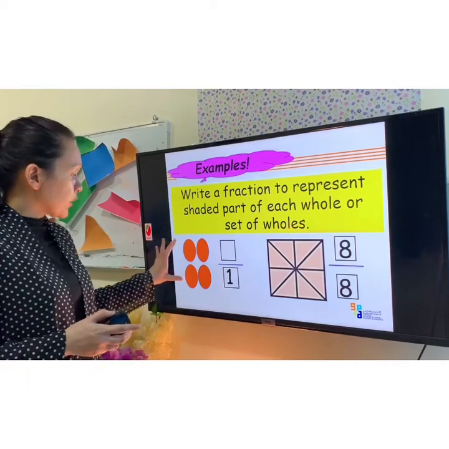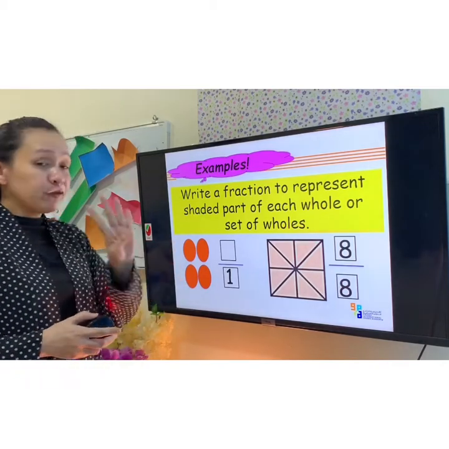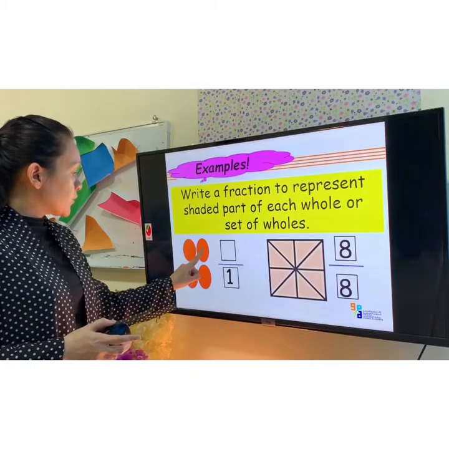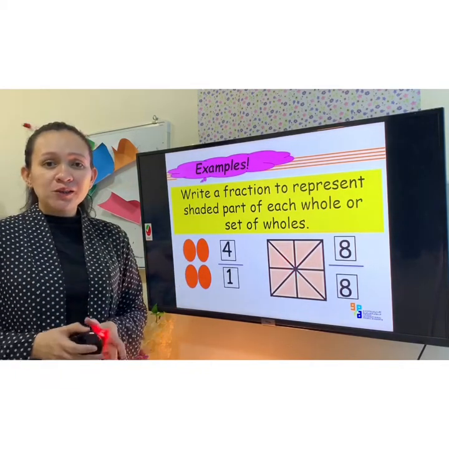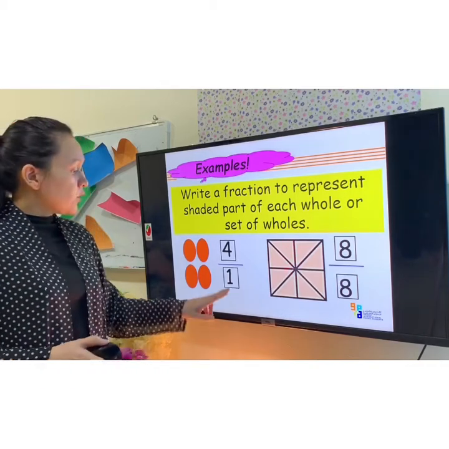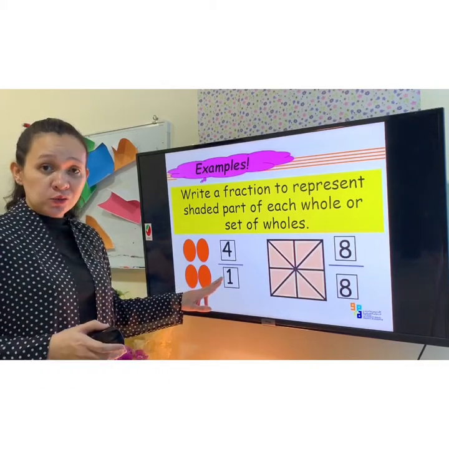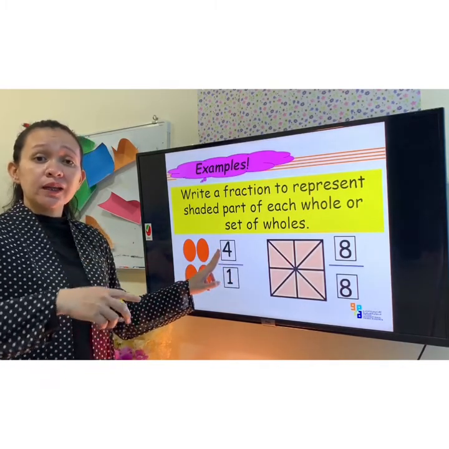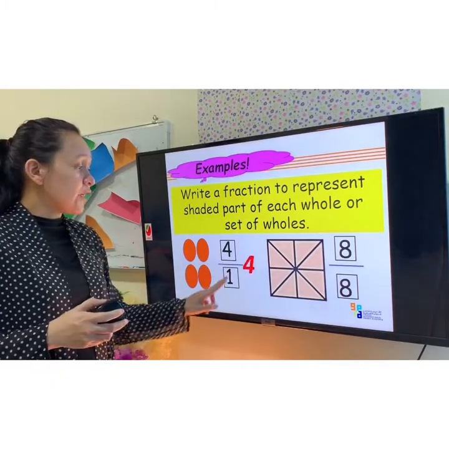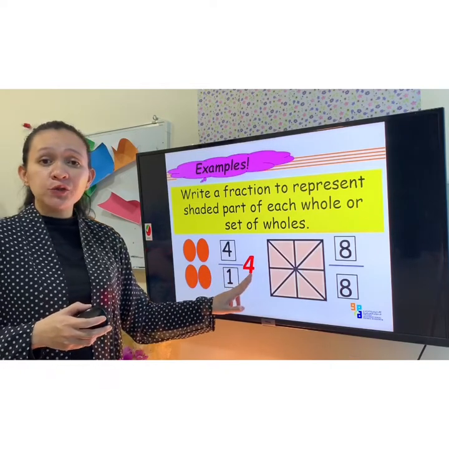So how many parts are shaded in here? There are 4. So 1, 2, 3, and 4. So we put 4 here. Remember the rule? If our denominator is 1, then our numerator is equivalent to our fraction. So that's why 4/1 is equivalent to 4.